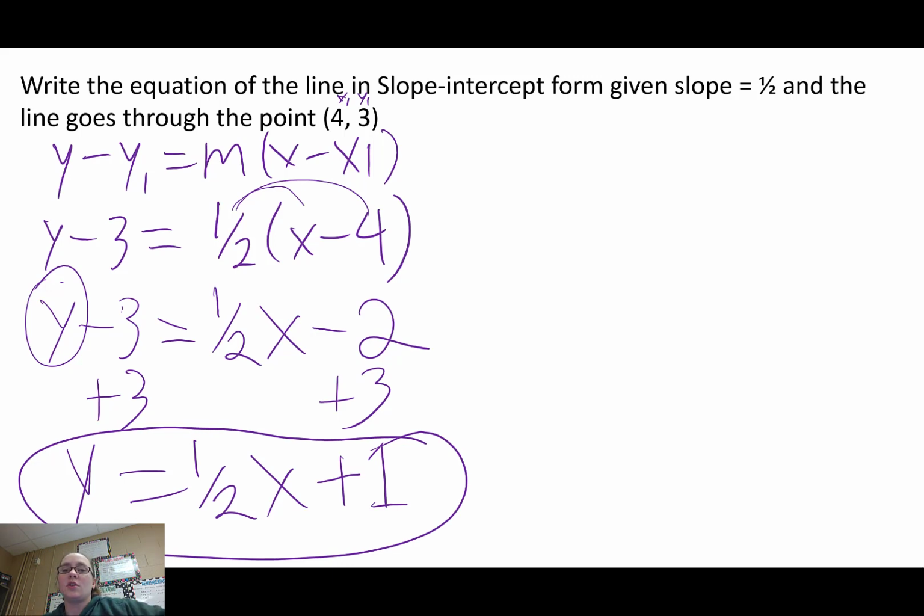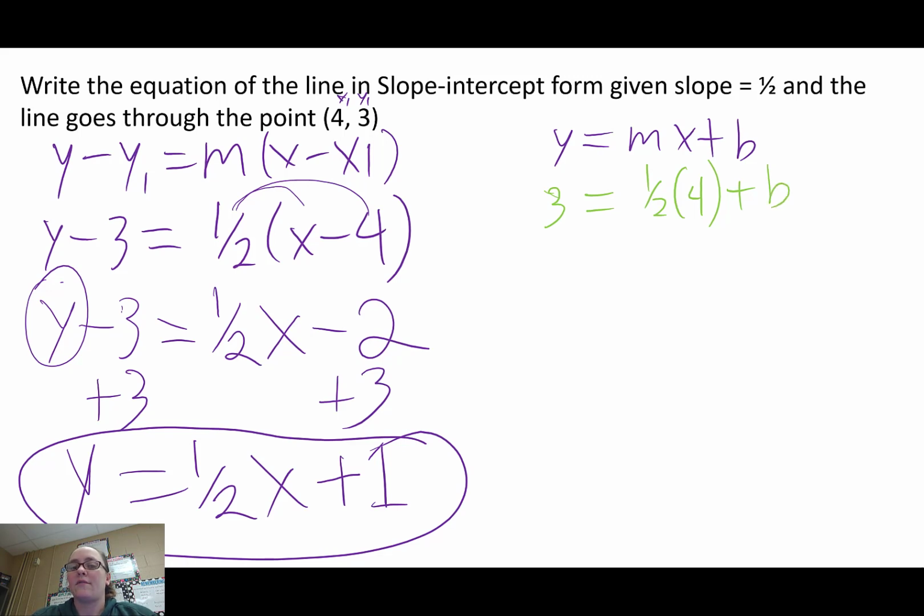So I did show you in a previous video that we could still use slope-intercept form when we were talking about tables. I could take and plug into my x and y, and I'm still going to come up with the same answer. So I'm going to get 3 is equal to 1/2 times 4 plus b.